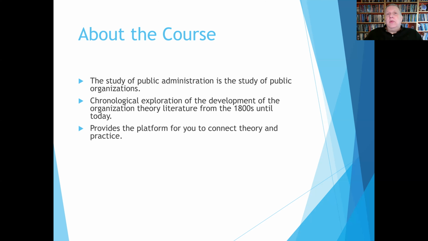Our goal in going through a chronological development of the organization theory literature is to demonstrate to you how the literature has changed over the years and show you the gradual development in terms of how we have viewed organizations, the lenses we have used in viewing those organizations, and our conclusions about how to best structure organizations, how to best manage those organizations, and how to best manage personnel within those organizations.